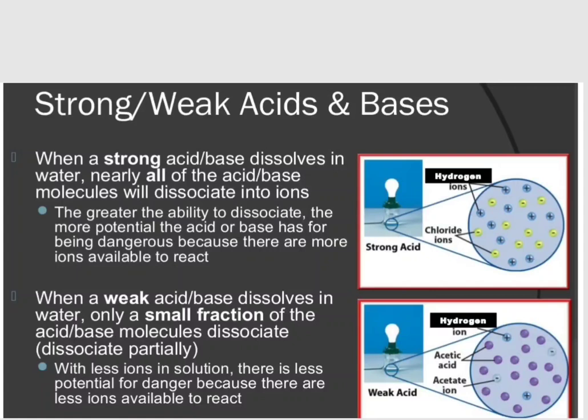When a weak acid or base dissolves in water, only a small fraction of the molecules dissociate partially. You can see this in both figures also. With fewer ions in solution, there is less potential for danger because there are fewer ions available to react.